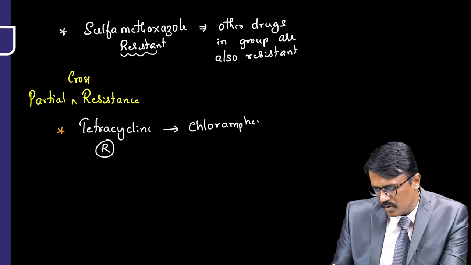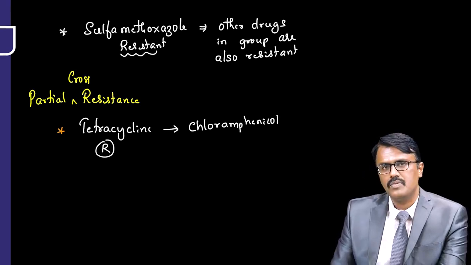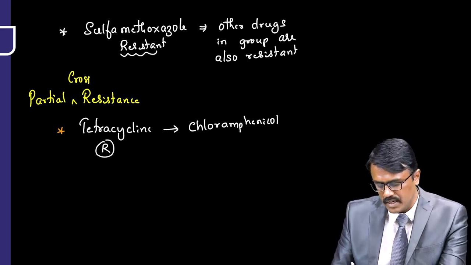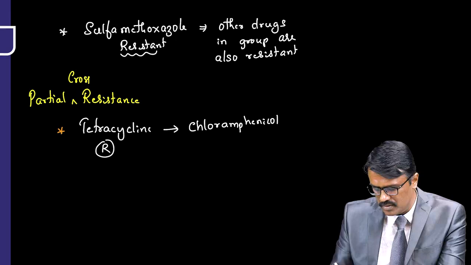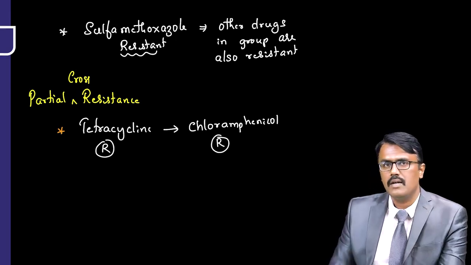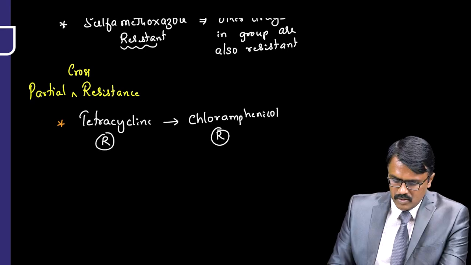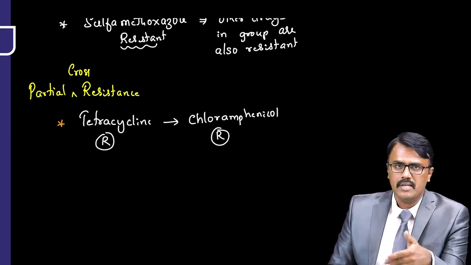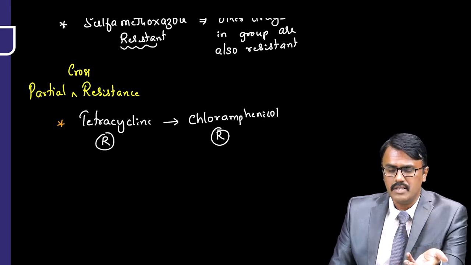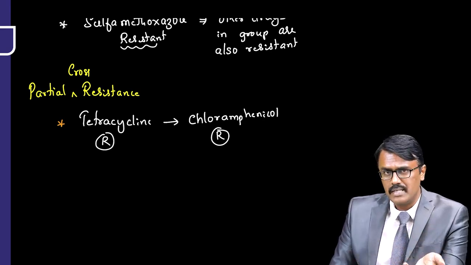Tetracycline and chloramphenicol are different groups, so even though they are different groups, there is a chance of partial cross resistance between these two, and that is the meaning of partial cross resistance. So in the same group, if there is resistance, that is called cross resistance. In a different group, it is called partial cross resistance.